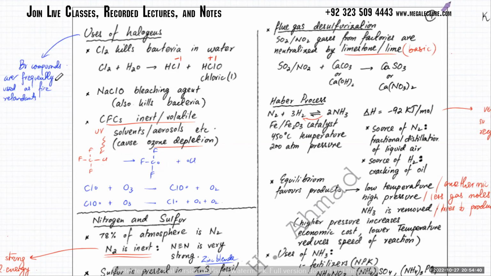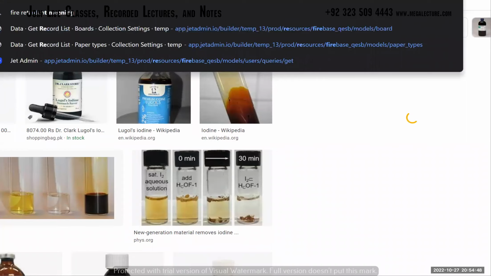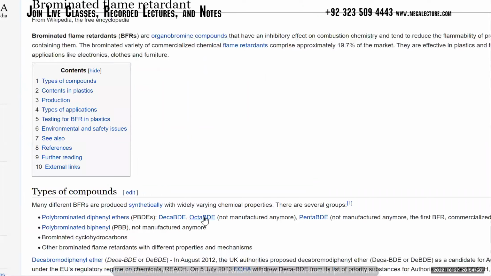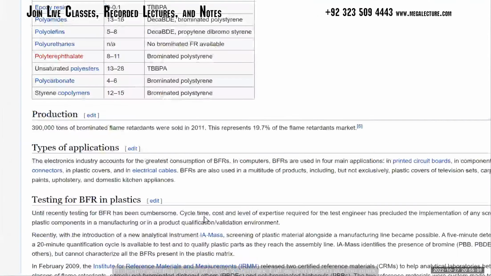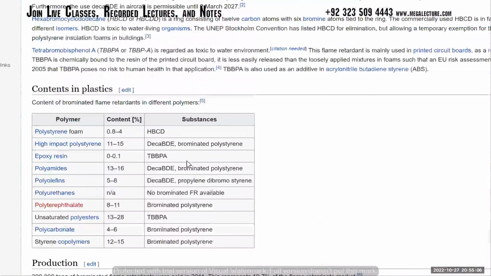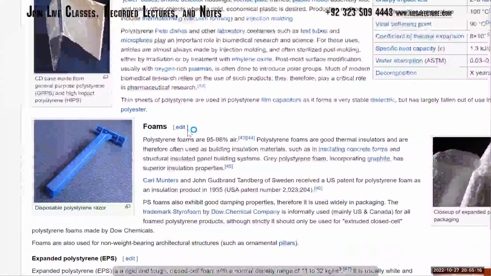Bromine compounds are frequently used as fire retardants. If you look at the formulas of fire retardants, most of them are bromine compounds.